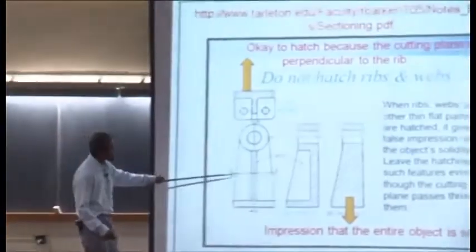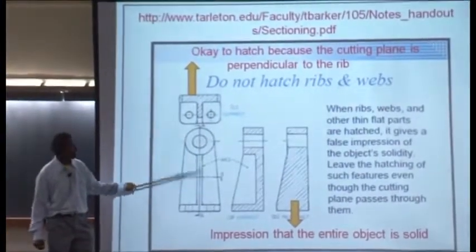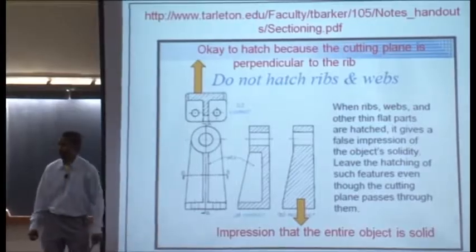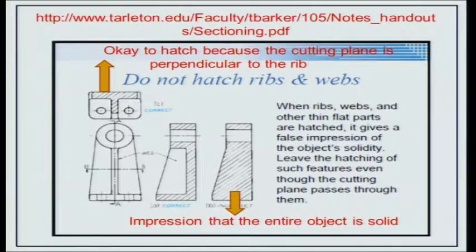Over here, you would not get the true thickness of the rib, but over here you will. So, that misimpression of solidity won't be there. So now, in this case, we know what the rib looks like. Well, that's what the convention is. Yeah. Okay. So, keep this in mind. Sectioning is not a physical cut, but a graphic cut.